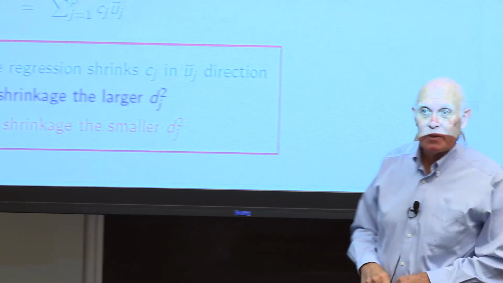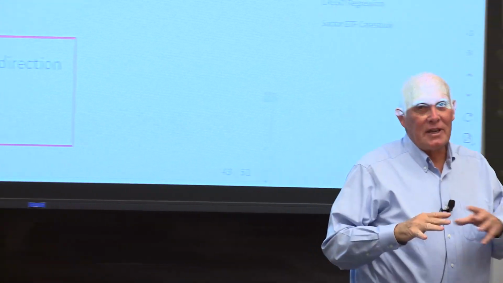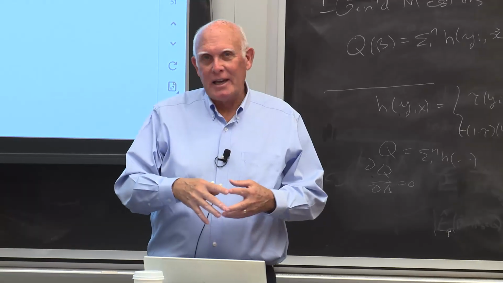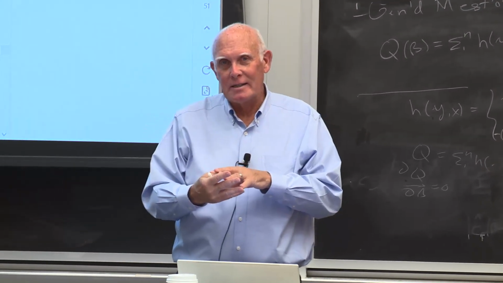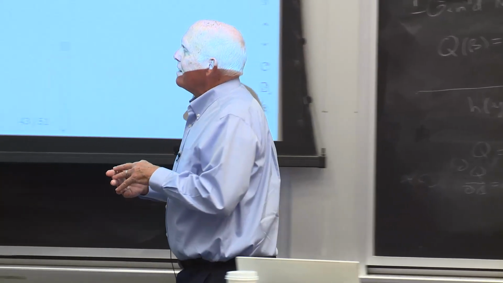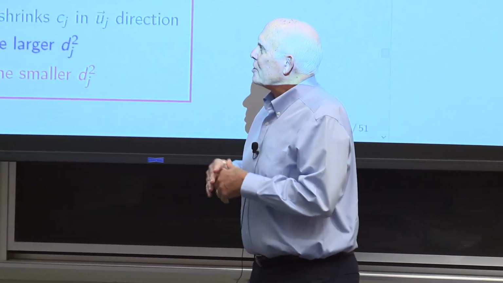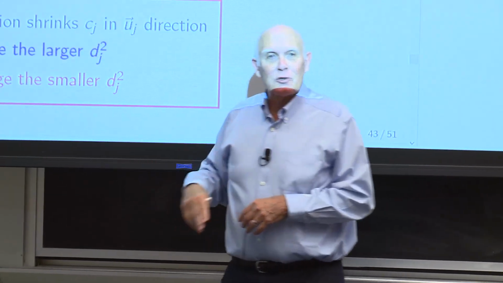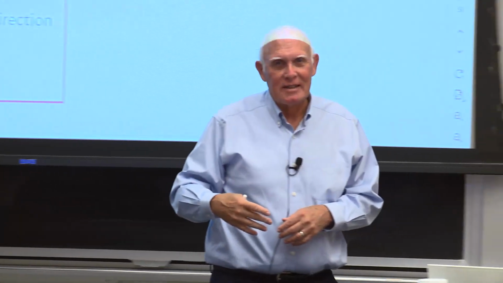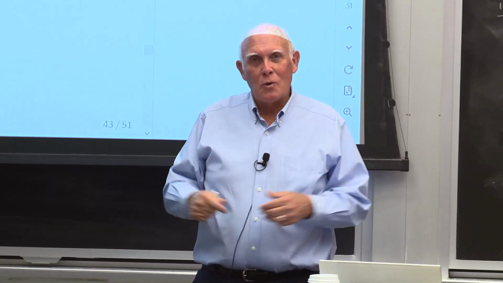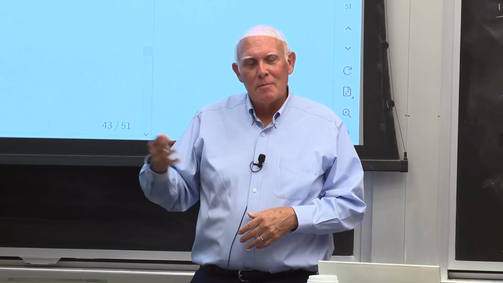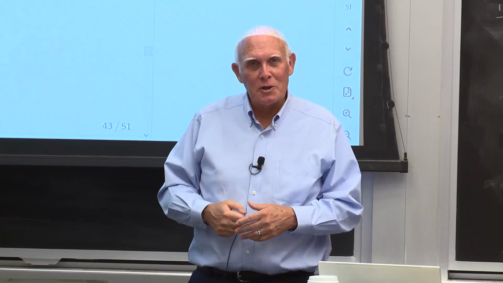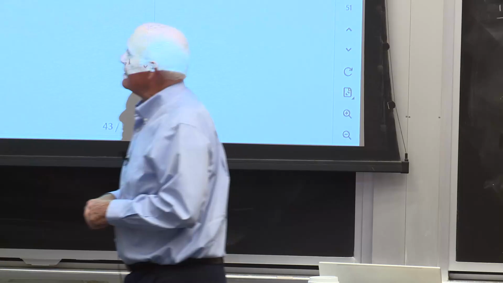So if we think of the predictor variables being in p-dimensional space, then ridge regression will not shrink much those regression coefficients that correspond to regressor variables that are along the first principal component axis.